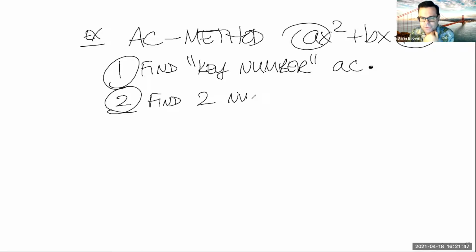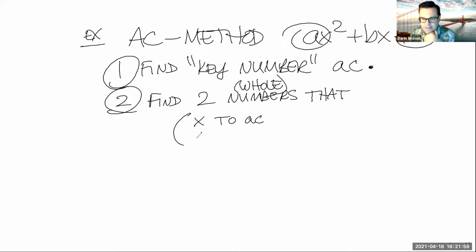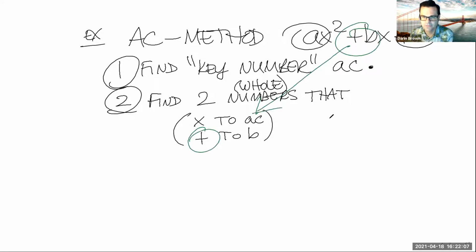Find two numbers, and when I say two numbers here, I mean whole numbers, positive integers, that either multiply to AC and add to B. This is the case if this number is positive, you're looking at this.